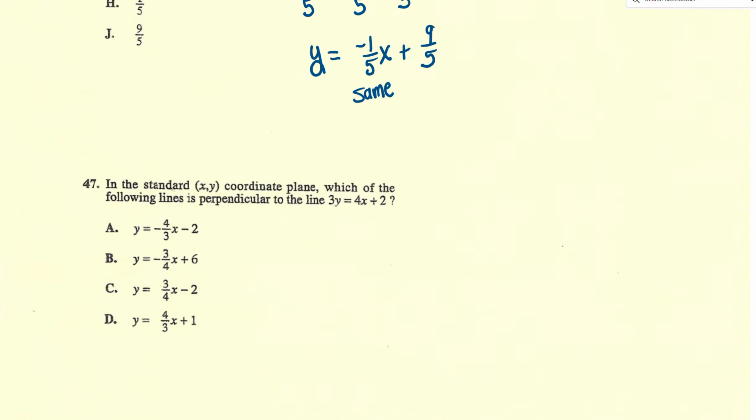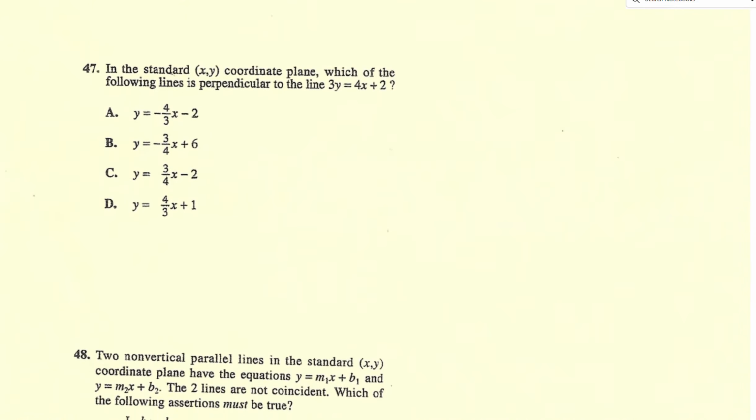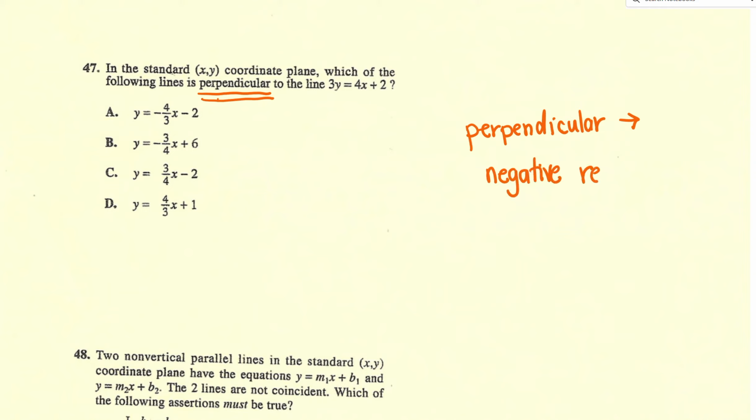All right, let's look at number 47. And again, this is a question 47, but it's not a difficult 47 if you remember about perpendicular lines. So let's think about perpendicular lines. While parallel lines are the same slope, perpendicular lines, their slopes are what we call negative reciprocals.